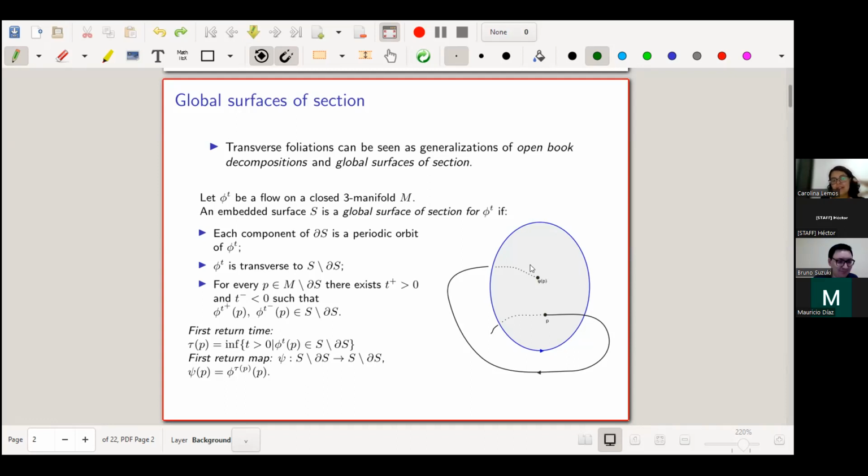So you can understand a lot of properties of the flow just by understanding the dynamics of this first return map, which is discrete dynamics on a two-dimensional surface. That's why it's very interesting.